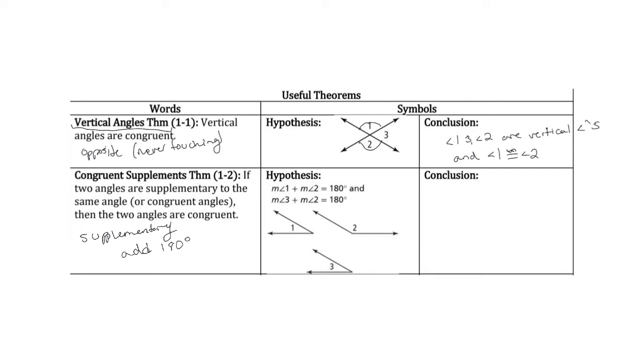Okay, so if we look at our hypothesis, we're saying that if angle 1 plus angle 2 equals 180 degrees, and angle 3 plus angle 2 equals 180 degrees, then angle 1 must be congruent to angle 3 because when they both add to angle 2, they equal 180 degrees.